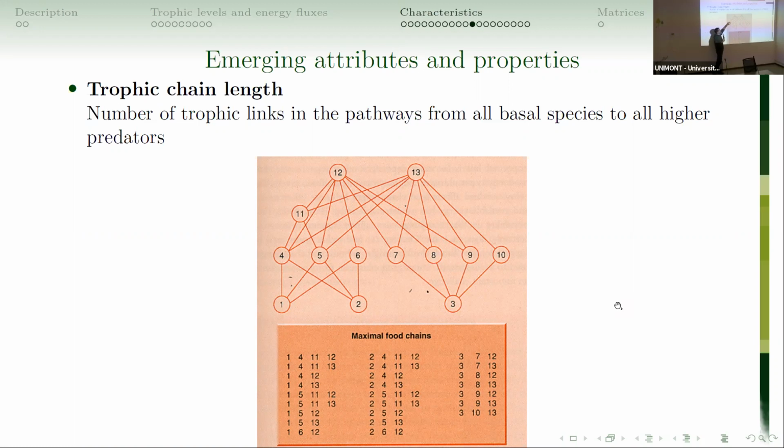So higher trophic chain length is lower stability, with similar complexity, because we have the same number of links, same number of species. It's not about the complexity, it's about the structure, okay?